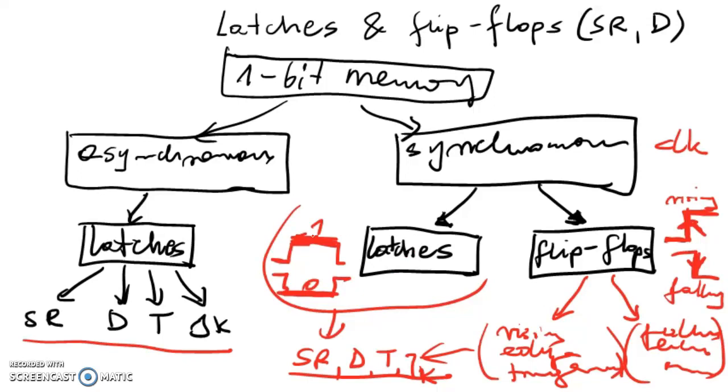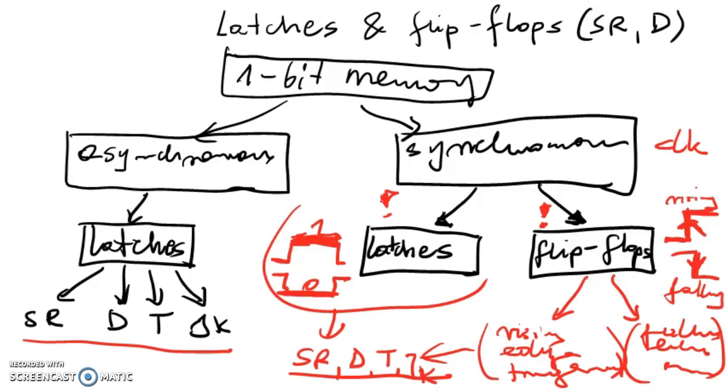Latches can change during the period of the clock, and flip-flops only on edges. They are strictly synchronous, and we as designers rather use flip-flops than latches. And of course, from time to time you must use latches for some reasons.